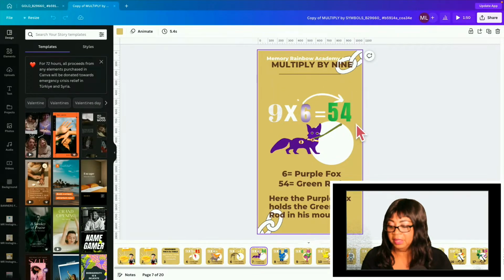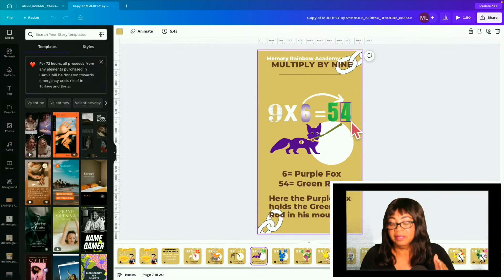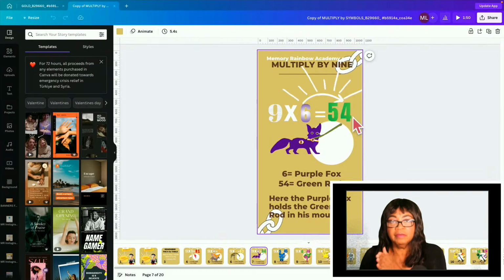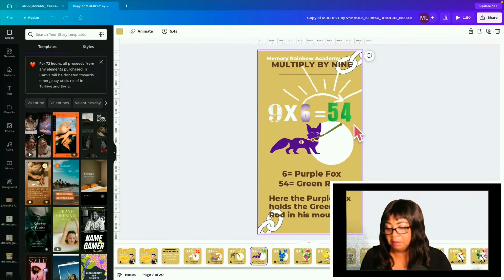So what does that mean? It ends in 4. The number takes on the color of the last digit, right? So always go to the very last digit. That's what's going to give you your dominant color. You can have a minor color of blue if you want to put a little blue in there, but the major color will always be green.